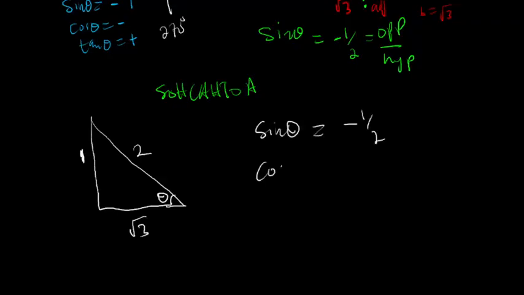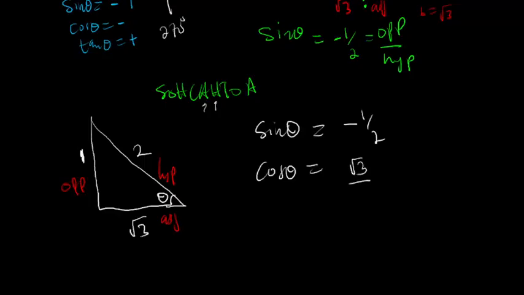Now cos theta is what? From here, cos theta is expected to be adjacent over hypotenuse. Where is my adjacent? This is opposite, this is adjacent, and this is hypotenuse. So cos theta is expected to be root 3 over 2.